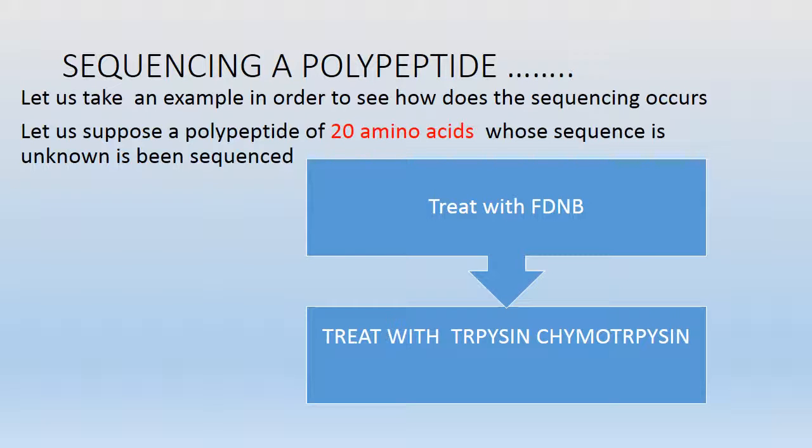We are treating this polypeptide initially with the FDNB reagent to get the N-terminal residue amino acid, and also we are treating this polypeptide with trypsin and chymotrypsin. Why we are treating this with trypsin and chymotrypsin, we will see in the coming slides.